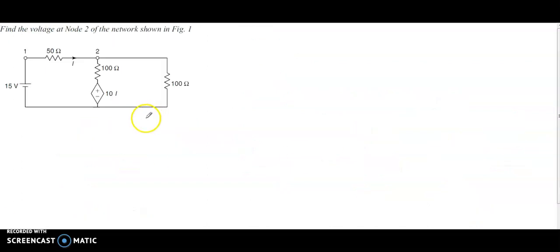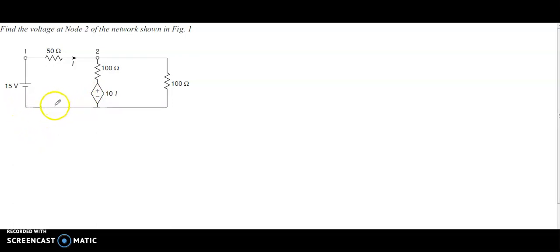The next question is, find the voltage at node 2 of the network shown in the figure. We can find the voltage at node 2 using nodal analysis, but here we are not going to use nodal analysis or mesh analysis. Here we are going to use source transformation.